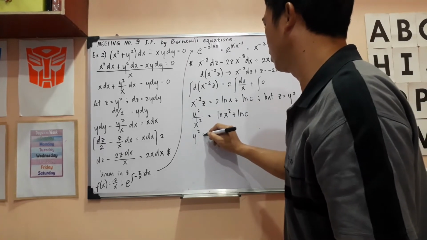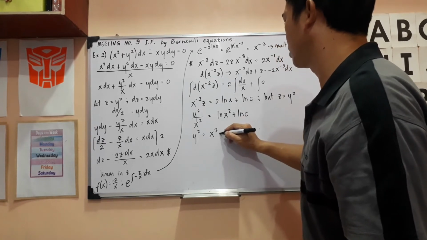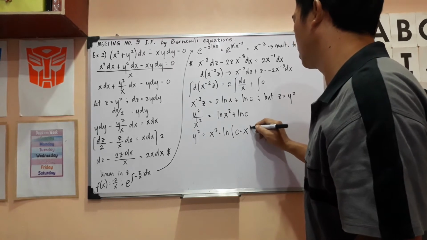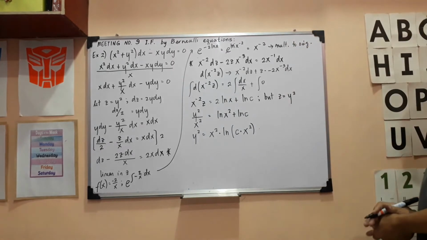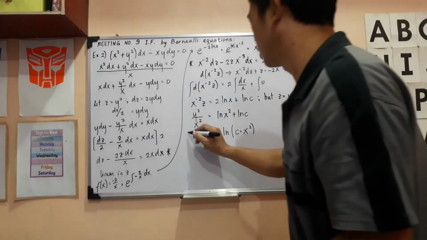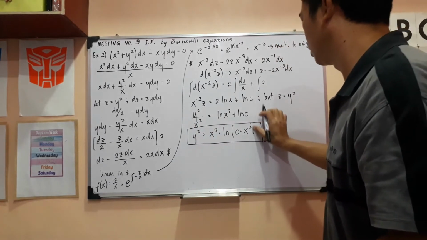So y square is equal to x square times ln of c times x square for laws of logarithm. So, pagka plus, pinagsasama. So, ito yung ating final answer in example number 2. Okay?